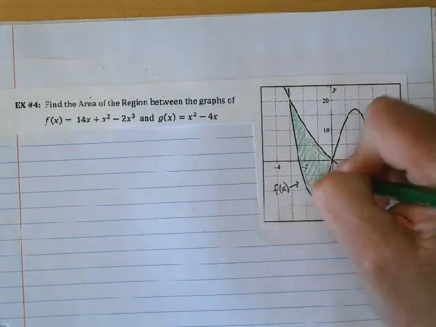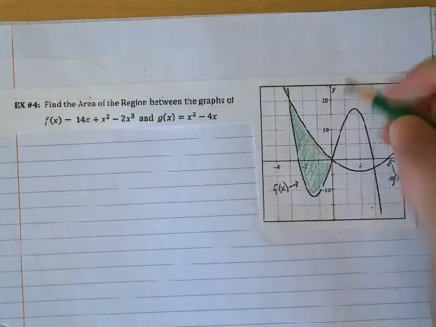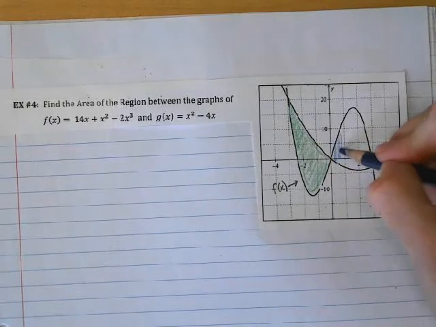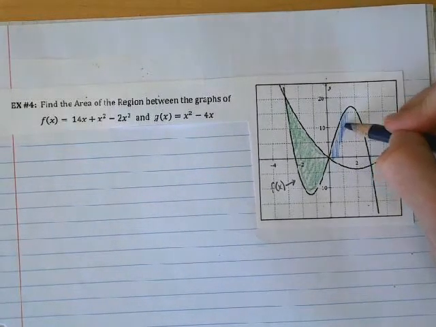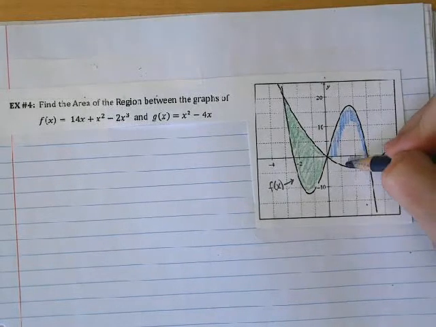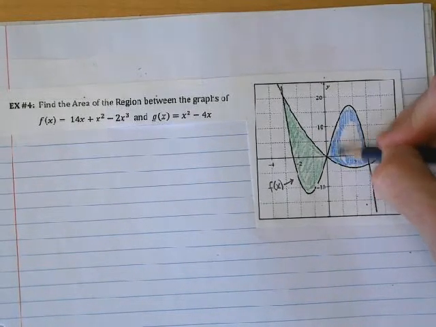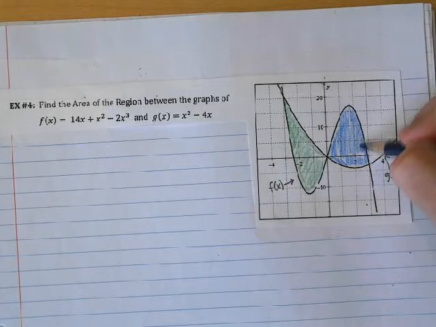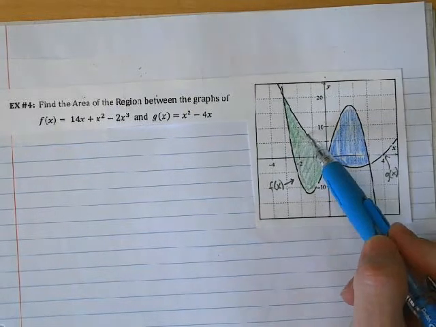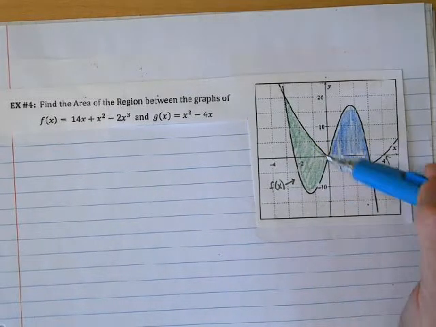but notice that an interesting thing happens: f of x is not on the top the whole time. Over here, I would have to do g of x minus f of x to get this area.